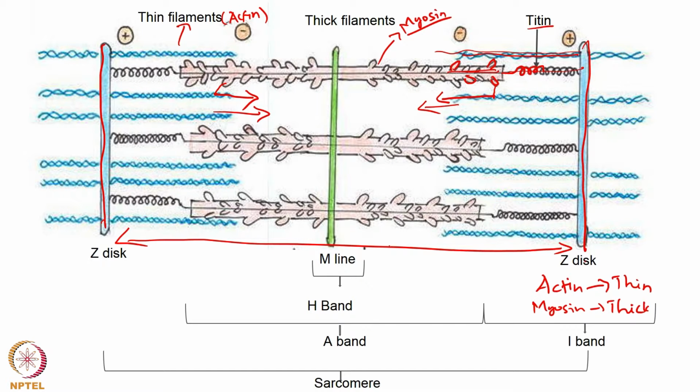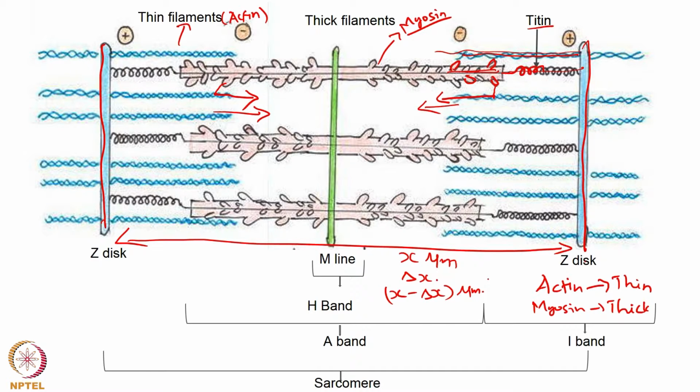Let us suppose earlier this was some x microns, now it is reduced by some delta x. So the new length after the attachment and the power stroke will be a smaller length, x minus delta x micrometers.